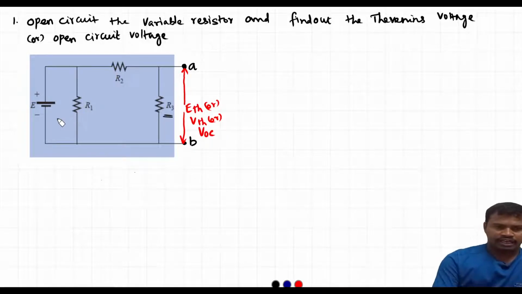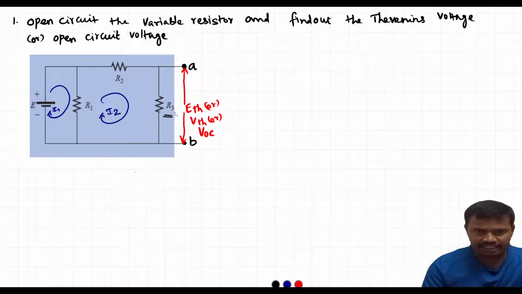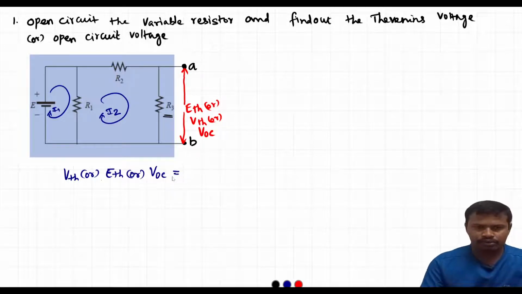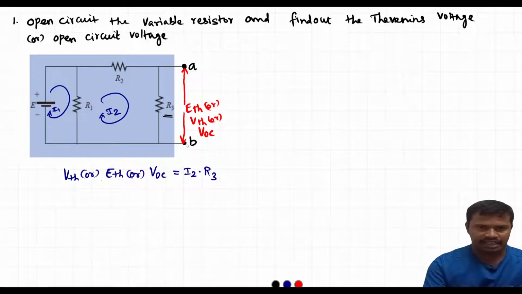Now if we apply the mesh analysis, marking the loop currents I1 and I2, then the voltage across the R3 resistor, that is VTH or ETH or open circuit voltage, is equal to I2 into R3. Now this is the voltage which is equivalent to the open circuit voltage. This is the method to find out the open circuit voltage at terminals A and B.